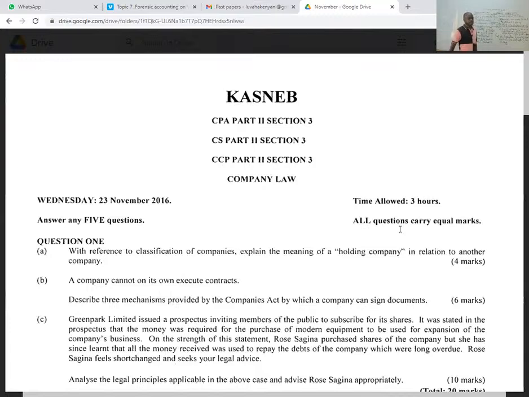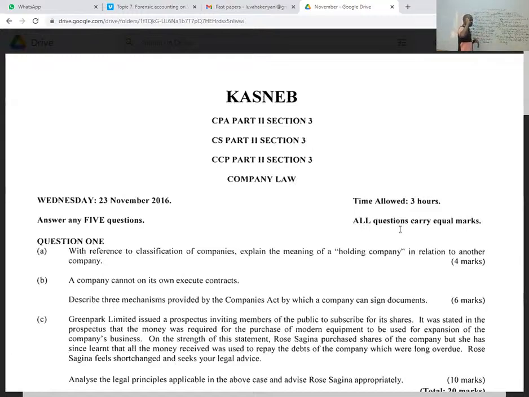Full stop. Then you can just say the other company is a subsidiary, or it is known as a subsidiary company. That other company in which it has acquired a stake or ownership is known as a subsidiary.